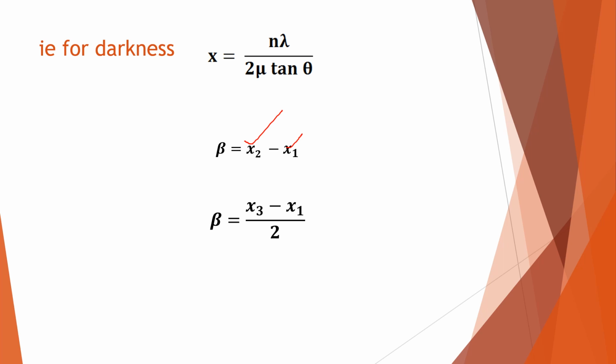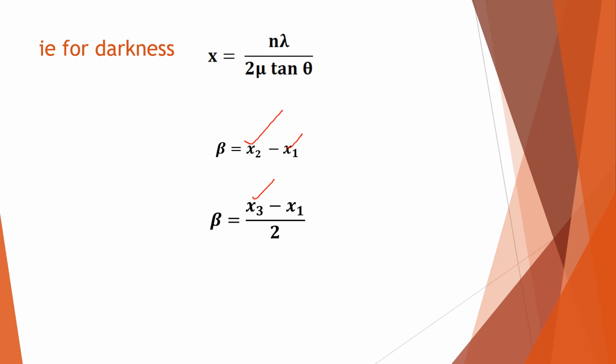Then what will be beta? Beta is the bandwidth, the distance between two consecutive dark or bright bands. Since x1 and x2 are the distances for two consecutive bright bands, we can write beta is equal to x2 minus x1.